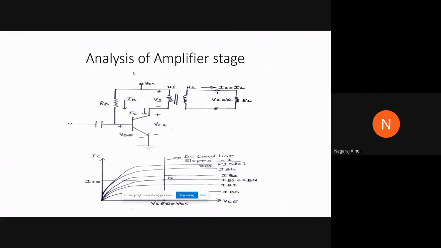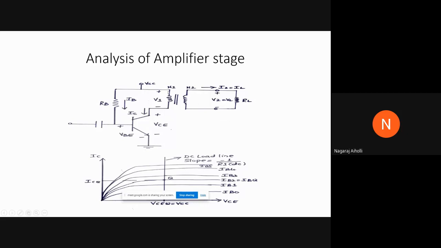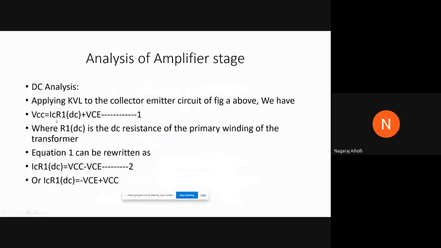Here the equation of KVL will be VCC minus IC into RAC, it is the same as the equation that we opt for the RDC or RAC, plus VCE.